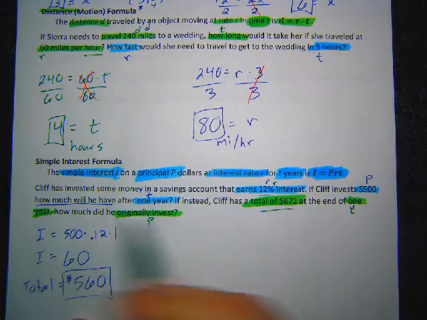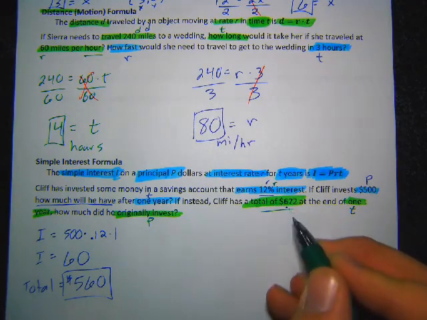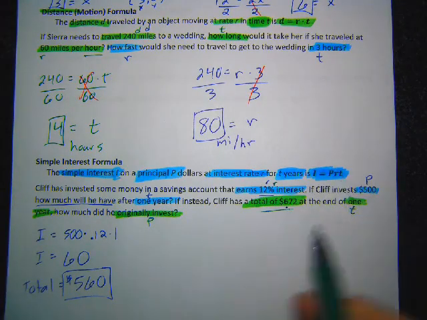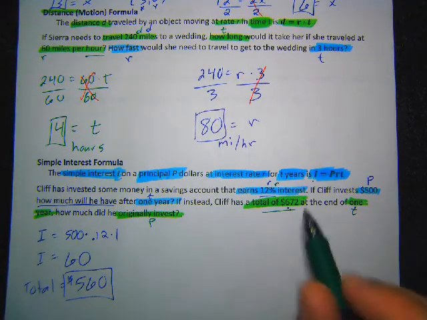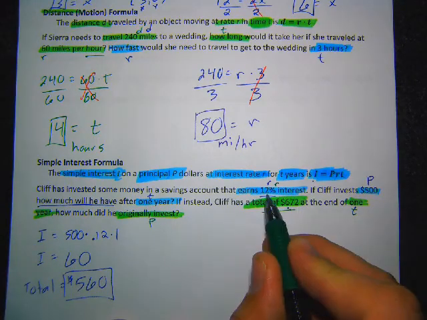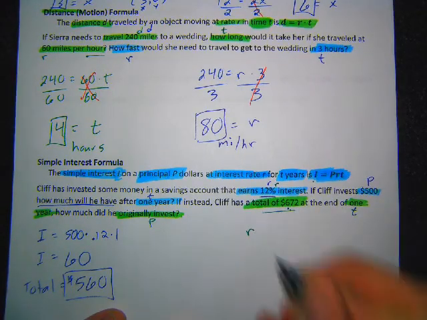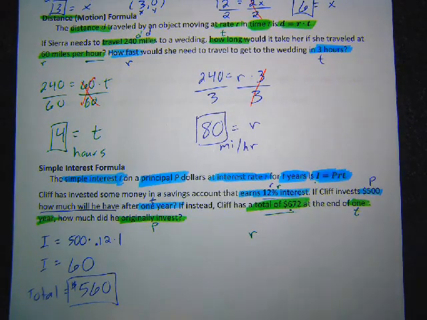So this problem gets a little tricky here because I can't use this as the total, because I don't have a formula that gives total. I can't use it for interest because it has extra money in there. So what I have to do for this problem is take my interest rate, my R, and tweak it. Because right now the interest rate isn't giving this whole thing, it's just giving the interest part.